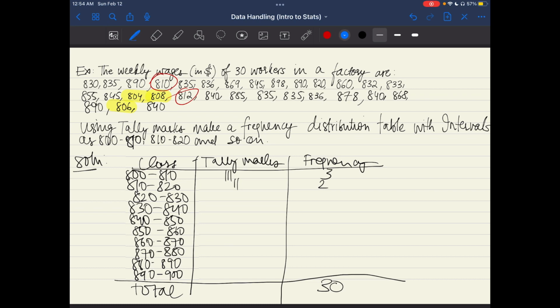Now 820 to 830, again 830 will not be included in this one. So 1, there's no other, so 1. So now the next class we have is 830 to 840. Now 830 will be included in this one.